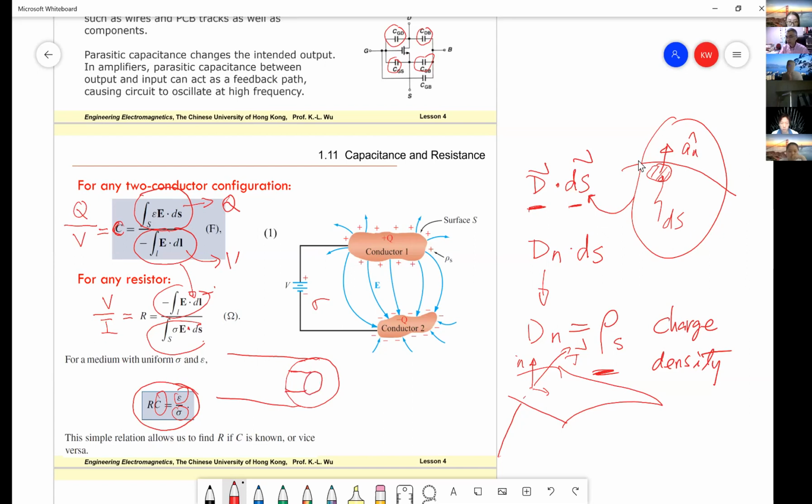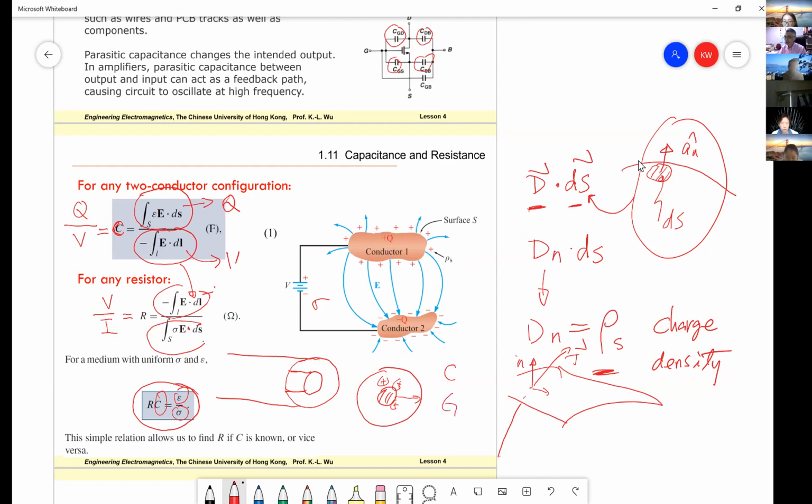So I want to find the capacitance between the inner conductor and the outer conductor. It's easy, right? You just find the total charge accumulated. Because this is uniform, you can easily find the electrical field for a given voltage or a given charge. Then you can find the capacitance. Once you find the capacitance, you can find the resistance.